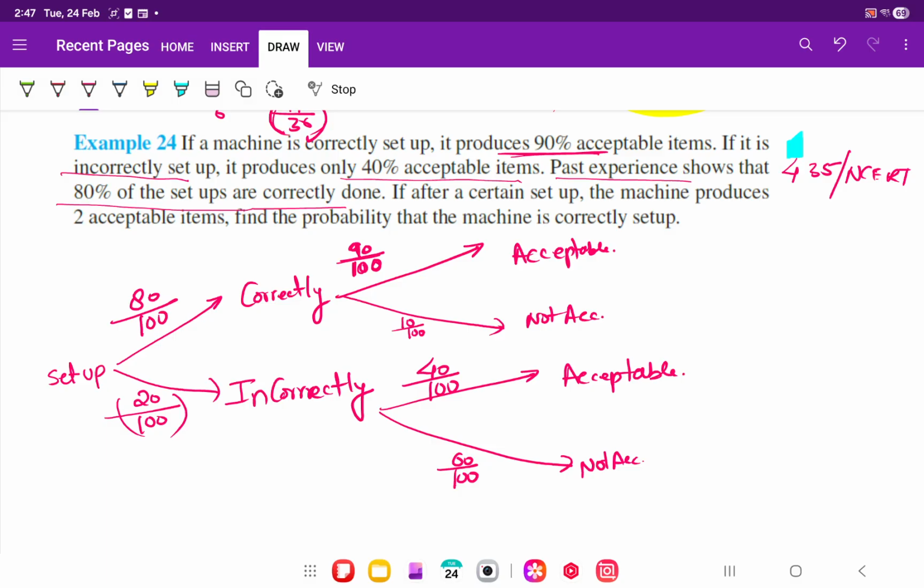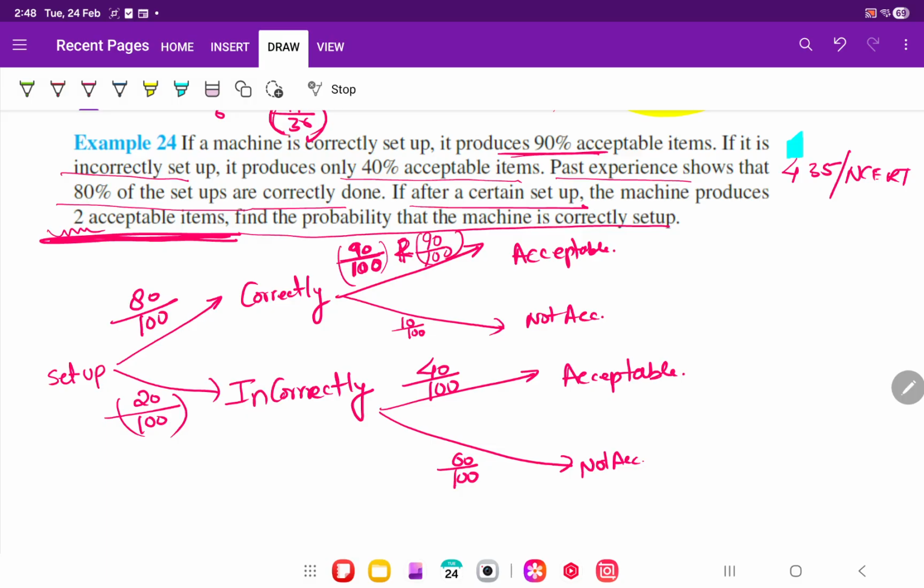Now they are saying that after setup, you are taking out two items which both are acceptable. So you have to find the probability that it was correctly set up. Understood? So remember, there are two products. One product's probability is 90 by 100, and for the second product that you are picking, it will also be 90 by 100 chances.